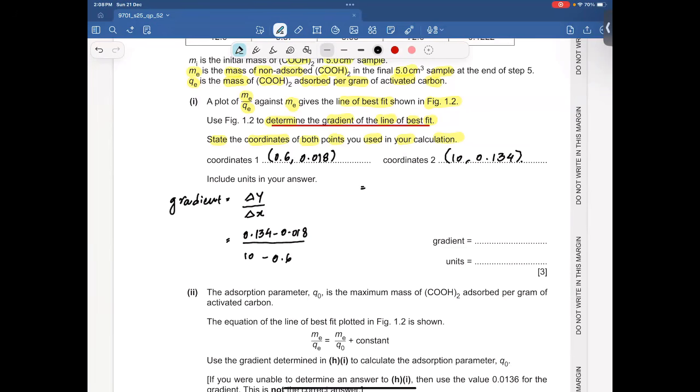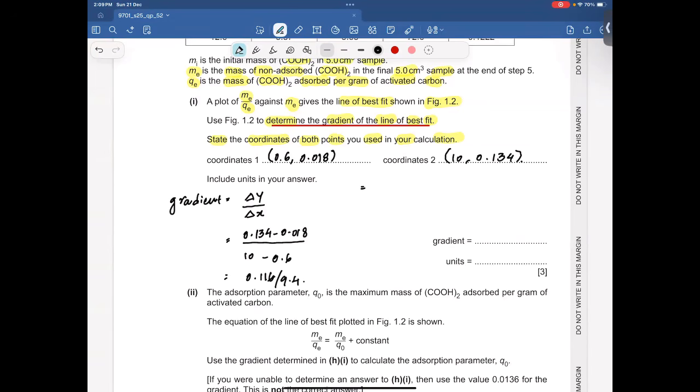So the value is going to be, let me check, 0.134 minus 0.018 divided by 10 minus 0.6. 0.134 minus 0.018 is going to be 0.116, divided by 10 minus 0.6, which is 9.4.